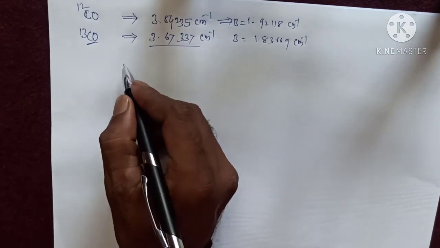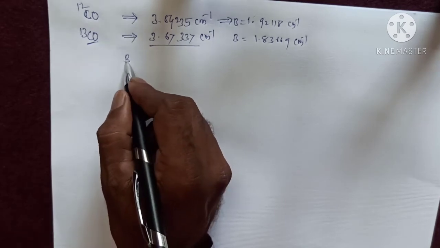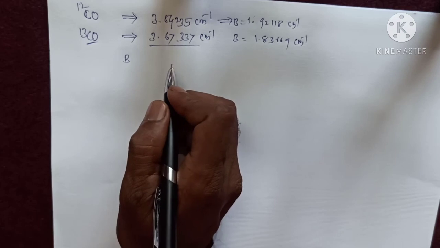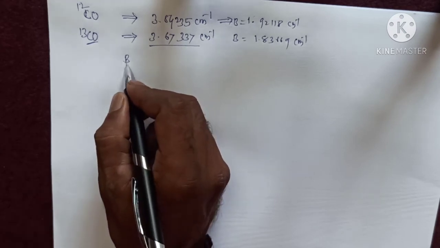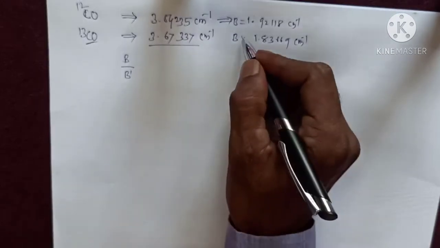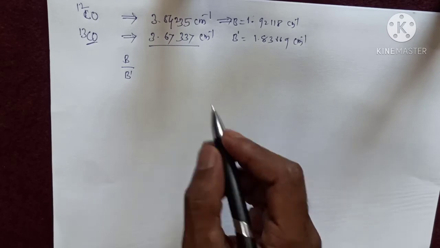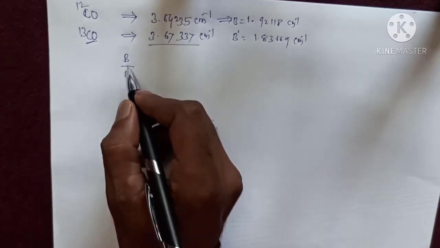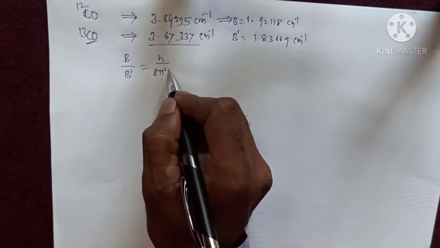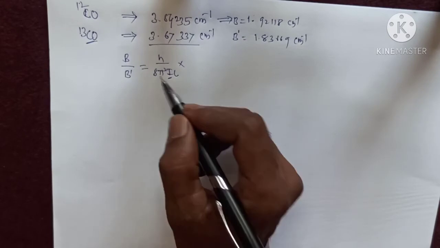Now, as we have seen, B is equal to h upon 8 pi square IC. And if you take the ratio of B and B dash, B is equal to h upon 8 pi square I C normal, divided by this.